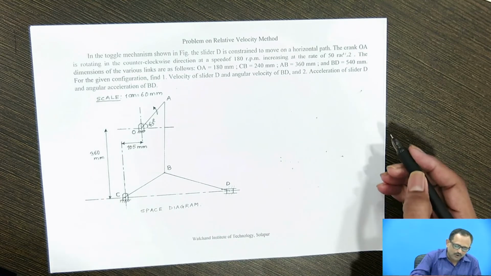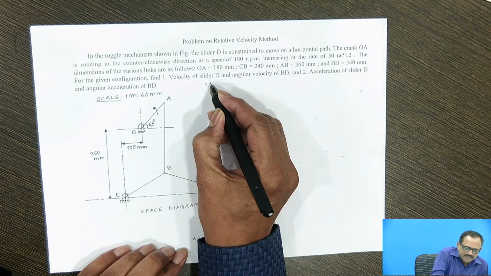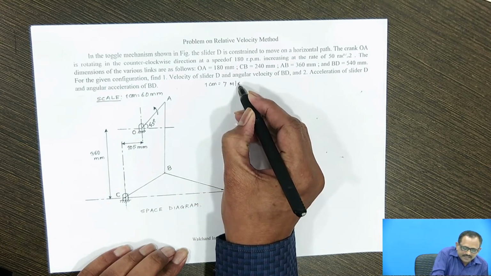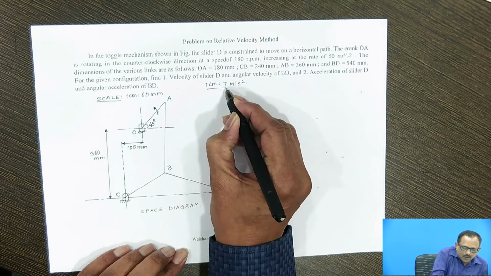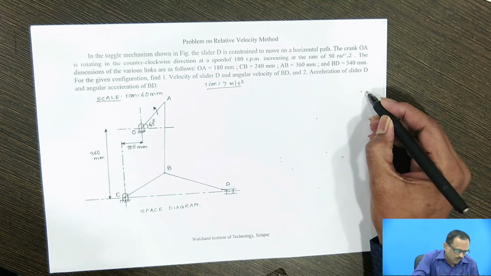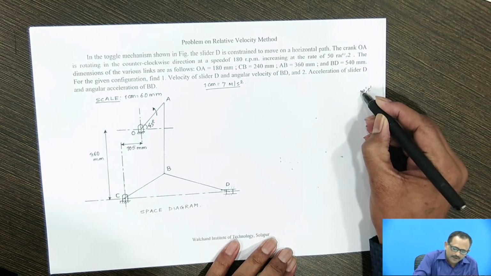First, take a suitable scale: 1 centimeter is equal to 7 meters per second square, depending upon the magnitude of the acceleration of AO. Now, mark points O, O dash and C dash as fixed points in space.